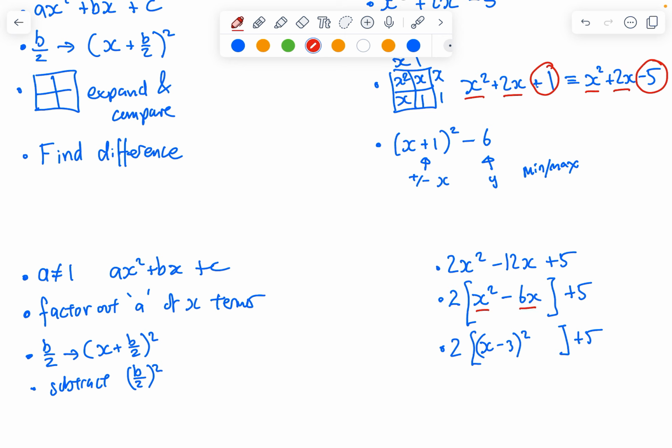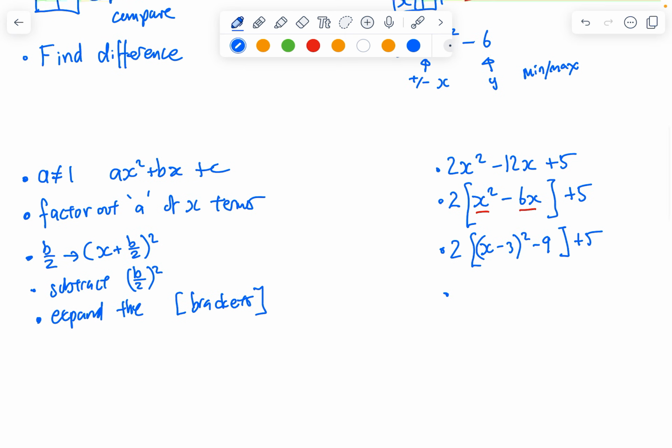If I expand x minus 3 all squared, I'll get x squared minus 6x plus 9. So I'm going to subtract that 3 squared. So I'm going to subtract 9. Okay. Now I'm going to expand the brackets.